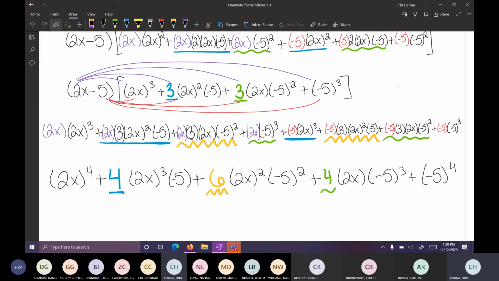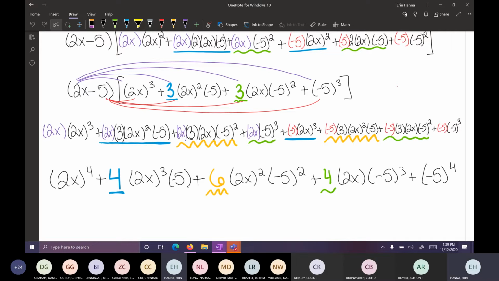Again, the very first term and the very last term have either just 2x's or just -5, so they just simplify down themselves. And then in the middle, I'm underlining the ones that have 3 2x's and 1 -5. There's 1 set of them in the back, 3 sets of them in the front, so there's 4 total.